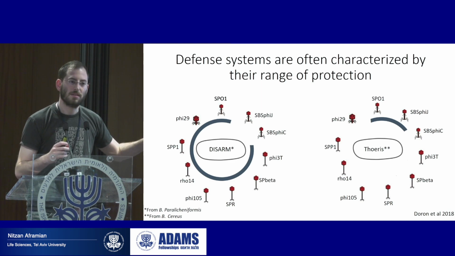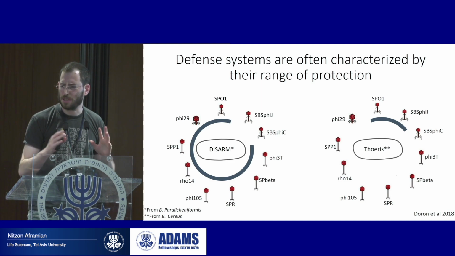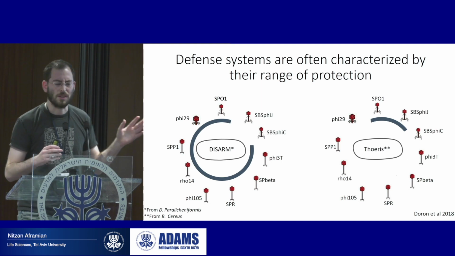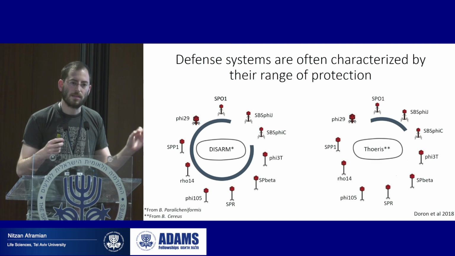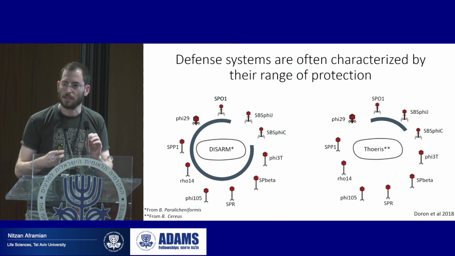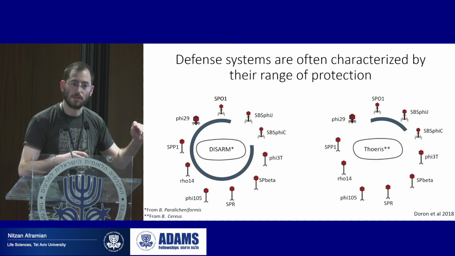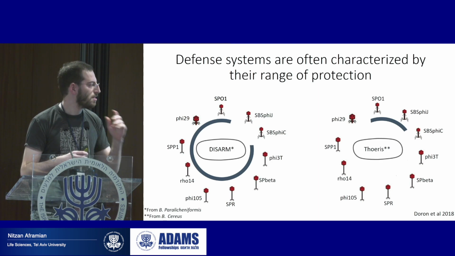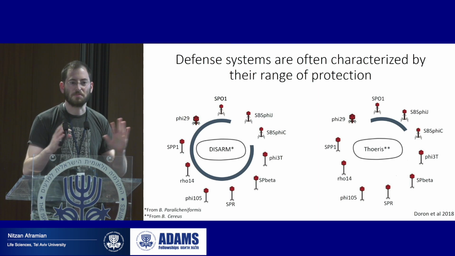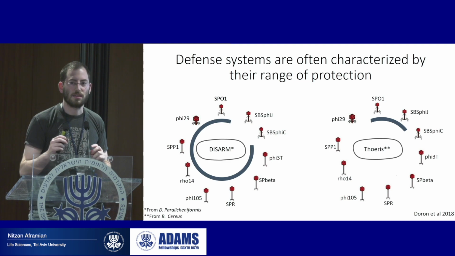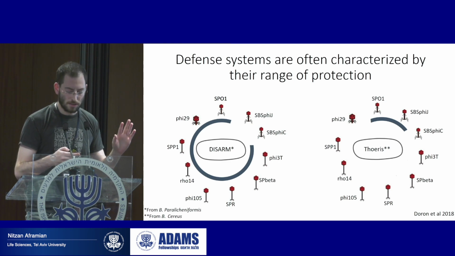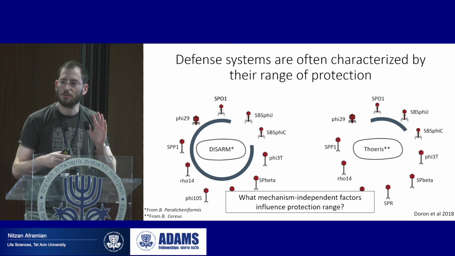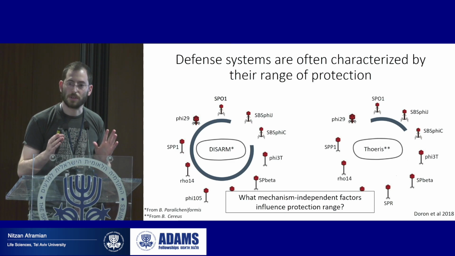And when you see this type of results, which have now become ubiquitous in the field, I think an immediate question which comes up is, what is it about the mechanism of the different system that can account for this difference in protection range? And this is being addressed very widely by many people, but we wanted to ask a slightly different question. We wondered if there are any mechanism-independent factors that bacteria can control to influence protection range.